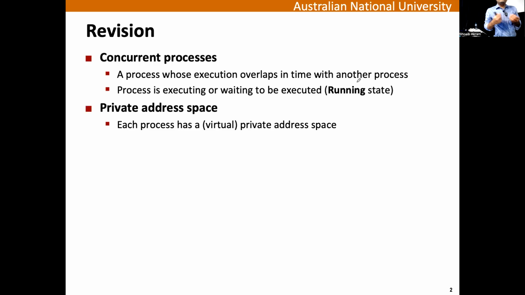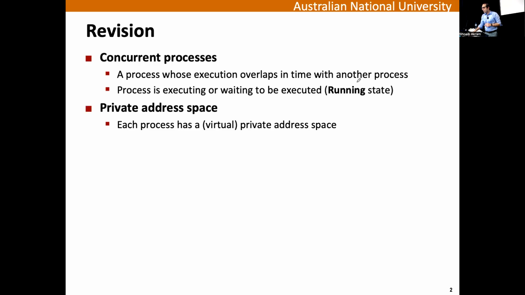So we create an illusion that each process has the entire 4 GB address space to itself, just like we create an illusion with the process abstraction that each process has their CPU to itself, even though under the hood, the operating system is doing things to make it look like that, but it's only one process running at a single time, executing instructions. So we have the same abstraction for memory, which we'll look at next week.